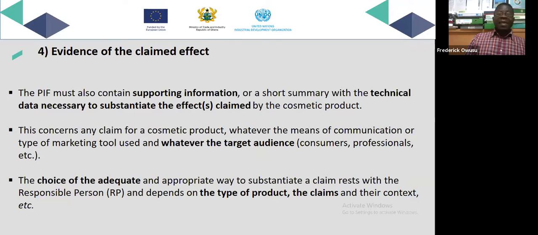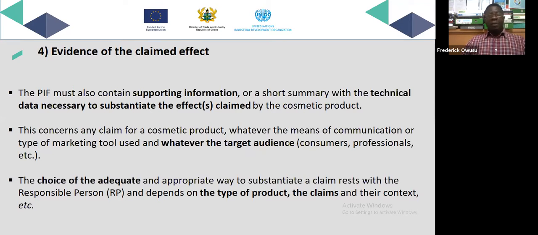This concerns any claim for a cosmetic product, whatever the means of communication or the type of marketing tool used, whatever the target audience, please, you should support any claim, either for general consumers, professionals, whatever.